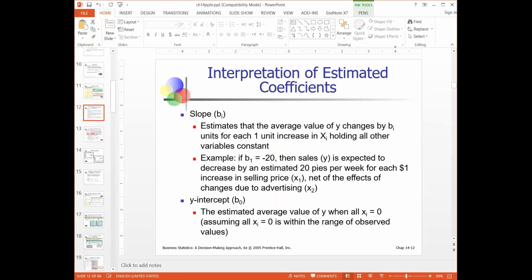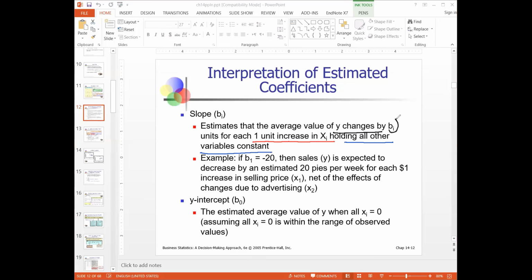So it will tell us the average value of Y changes by B1 units for each unit increase in X1, holding other variables constant. So first of all, for 1 unit increase in X1, holding other variables constant, which is X2, how much will Y change?